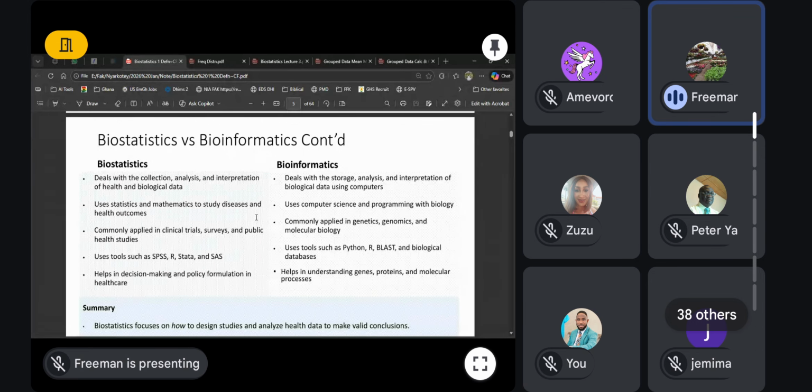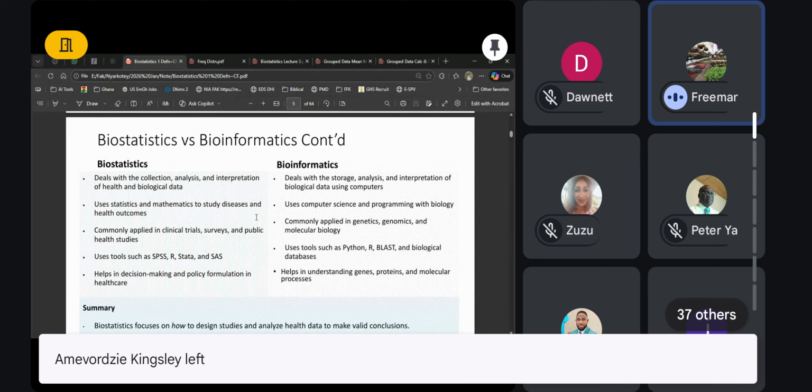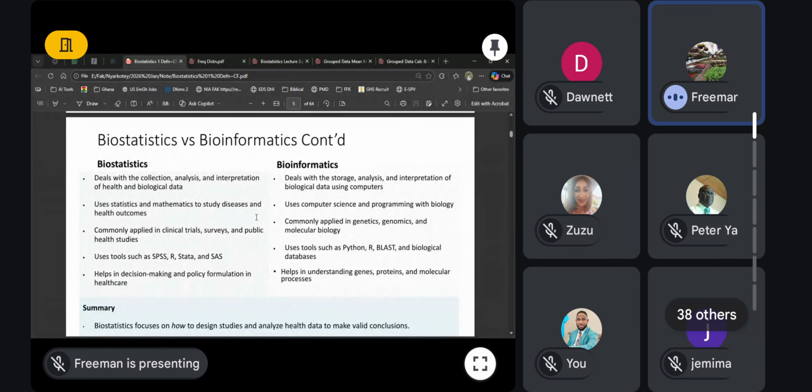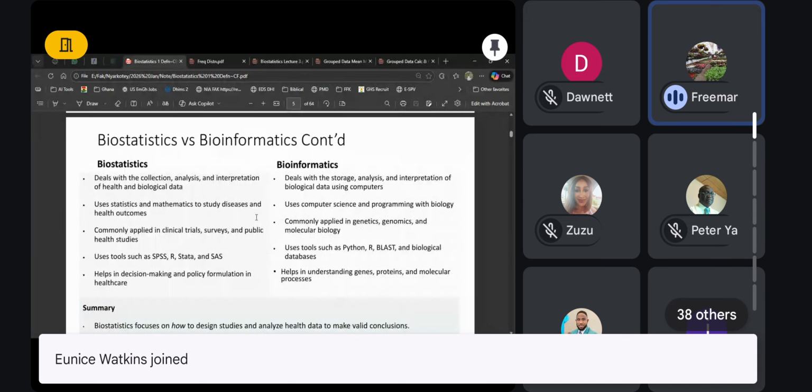This one deals with storage, analysis, interpretation of biological data using computers. Here, statistics and mathematics to study disease and health outcomes. Here, computer science and programming with biology. Biology has become the bedrock here.